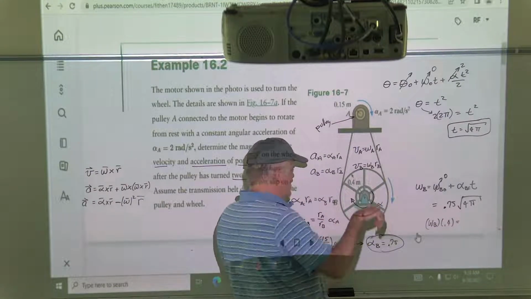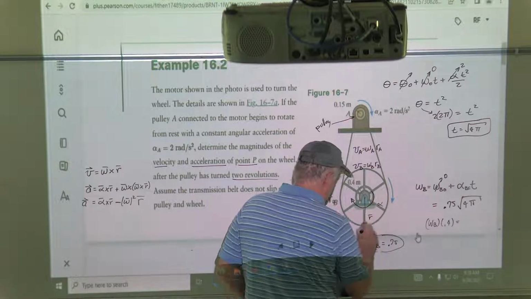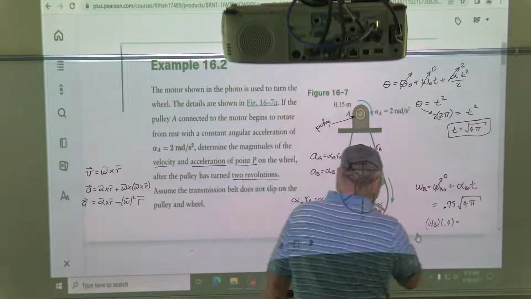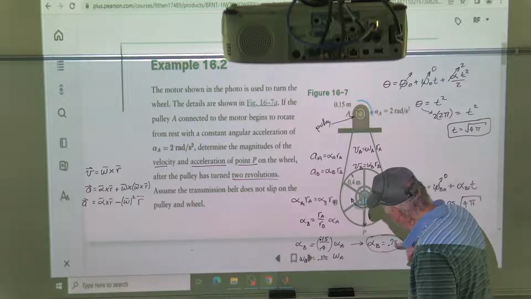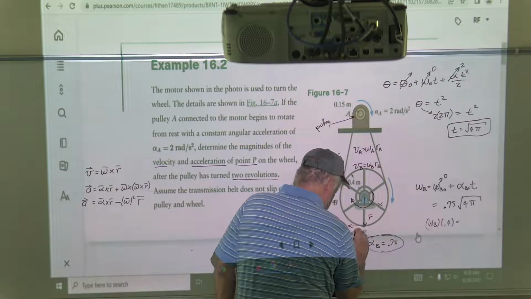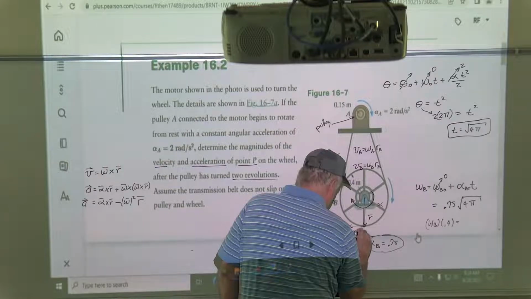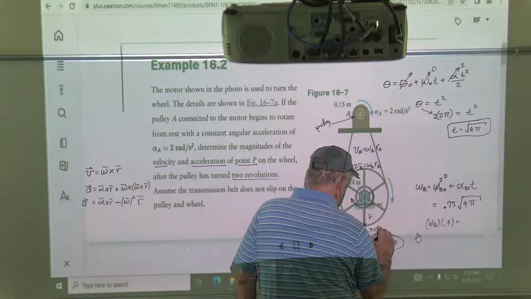The vector goes into the board. Your r still sits right here. So your vector going into the board, cross it with this r, you'll have a vector going this way. That is a value of alpha r, or 0.75 times 0.4.